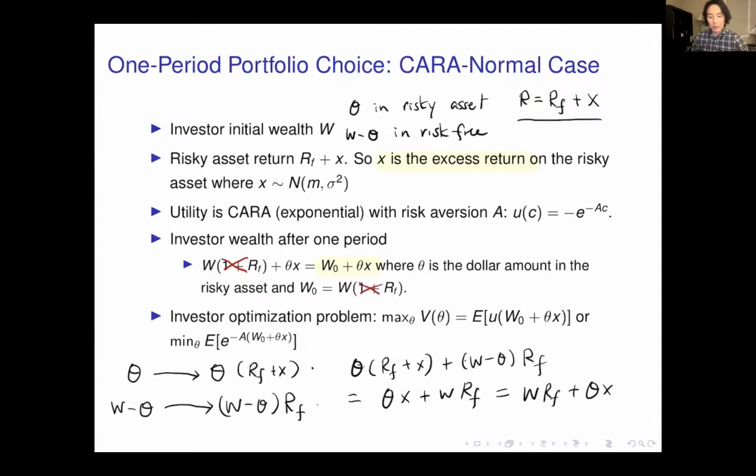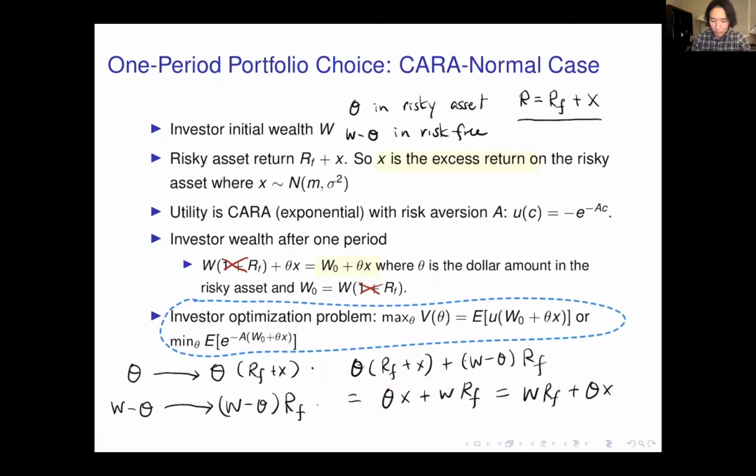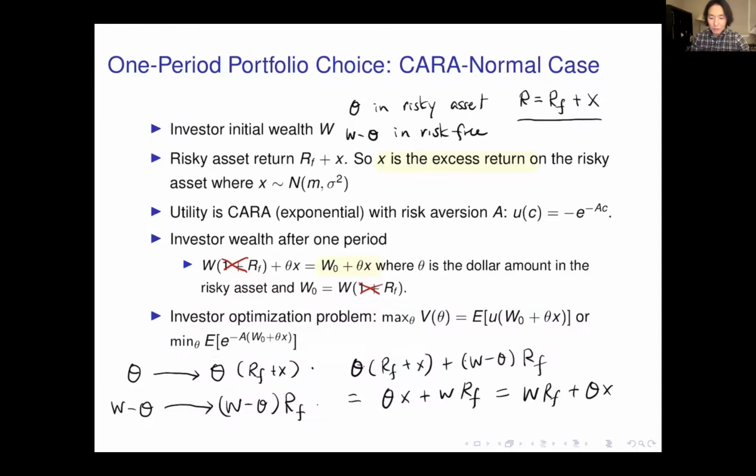Now the investor's optimization problem becomes the following. The investor's optimization problem is simply optimizing the expected utility based on the wealth in the next period.